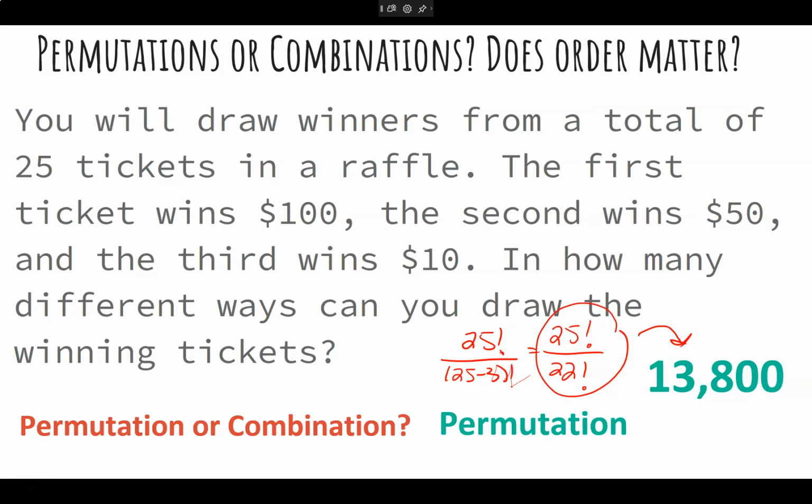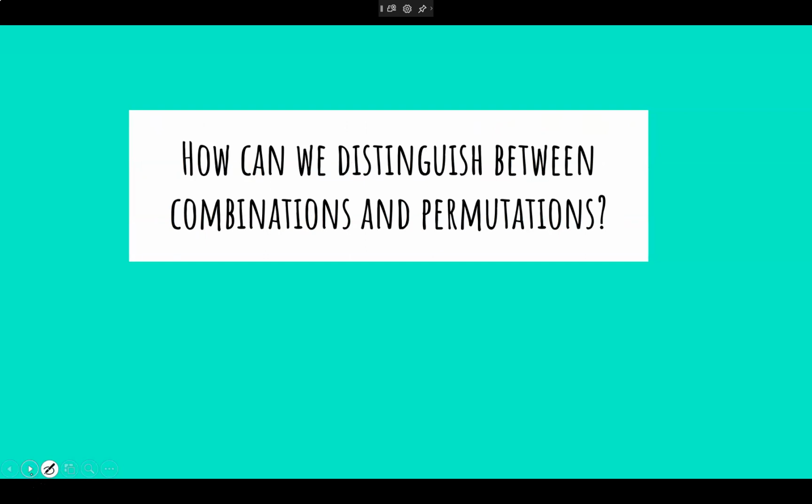You and your table people, you got some summary questions. The first one I want you to discuss together is how can we distinguish between combinations and permutations? Talk to each other. I'm going to be picking somebody. Permutations are an arrangement, and combinations have no order.